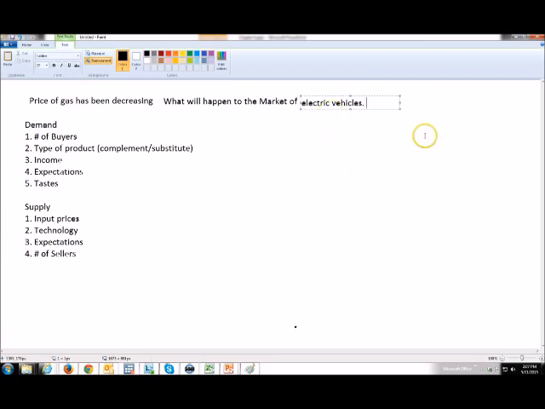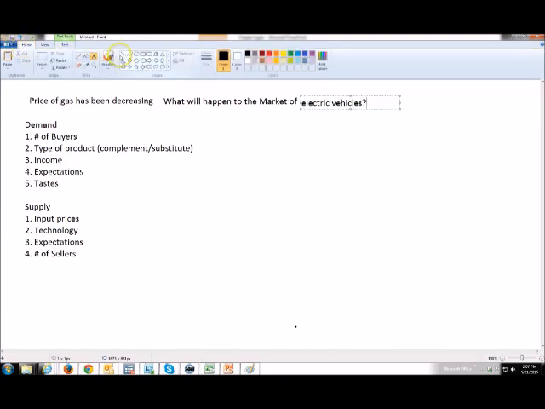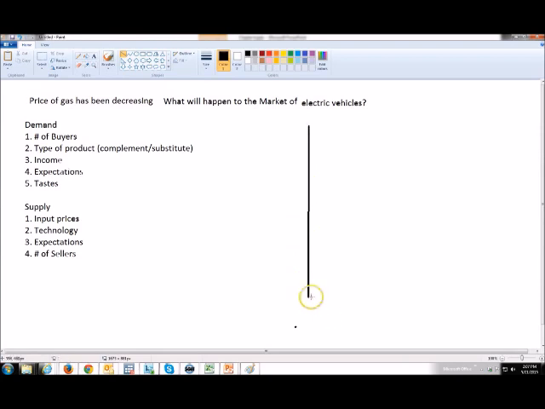Question mark next to that. So when we do that, all right, let's do the same thing. We first draw our demand and supply curve. Okay, so we draw that.